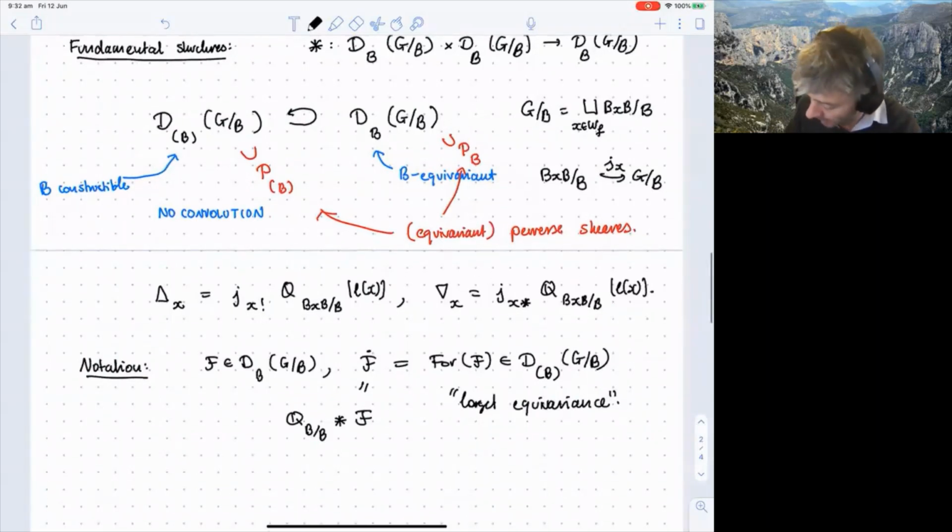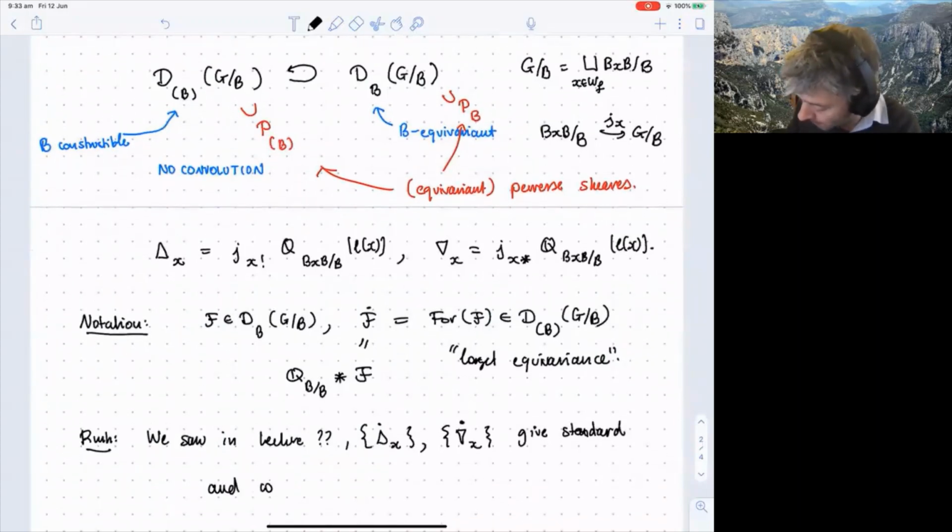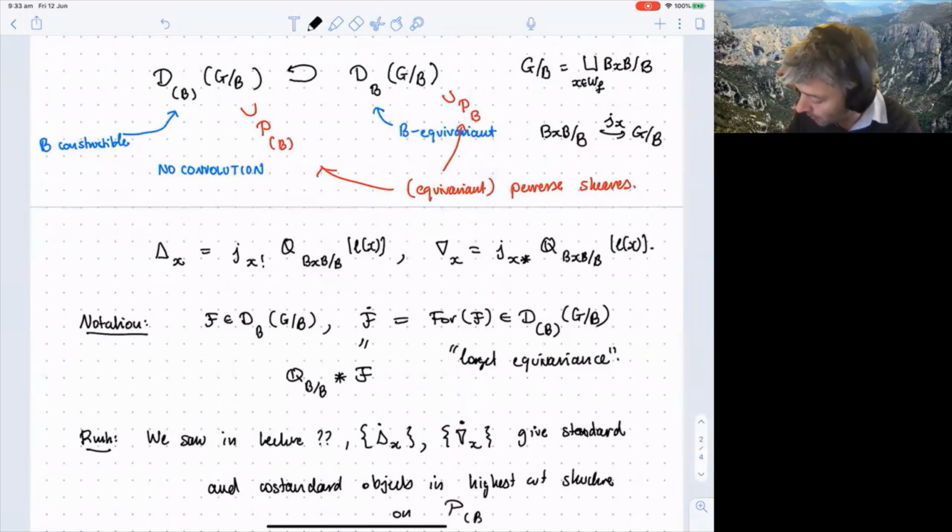And a remark, absolutely no idea which lecture this was, that these sheaves, when we forget equivariance, give standard and co-standard objects in a highest weight structure on this category of B-constructible perverse sheaves.